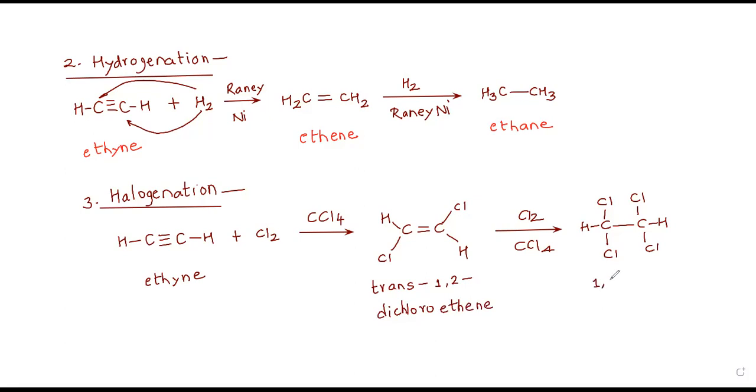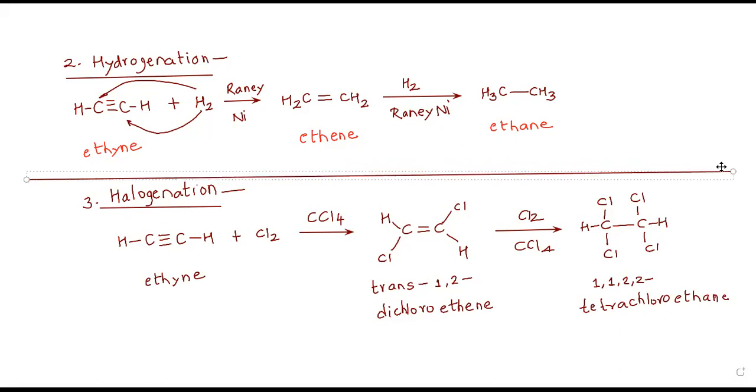This will be 1,1,2,2 tetrachloroethane. I hope everyone followed this part. Instead of chlorine, if they give you bromine, instead of ethyne, they give you something else, the reaction remains the same. So you can take a quick screenshot of reaction number 2 and 3.